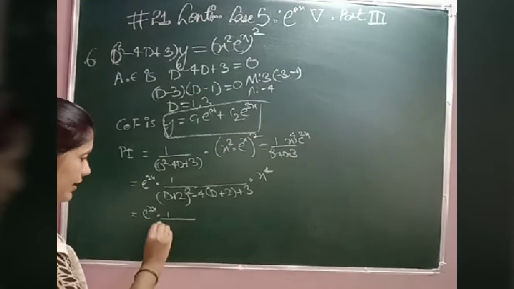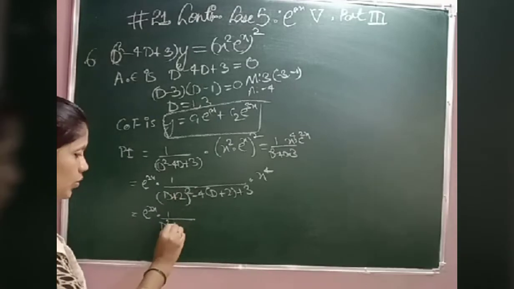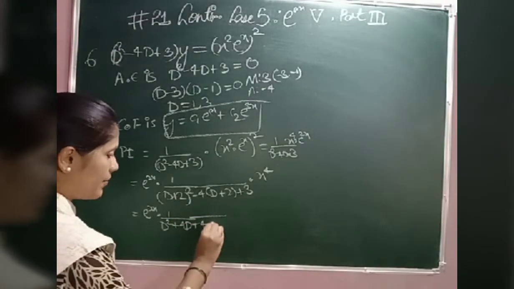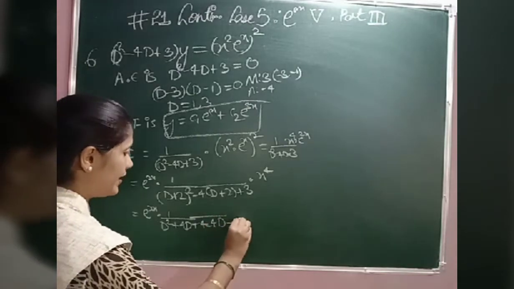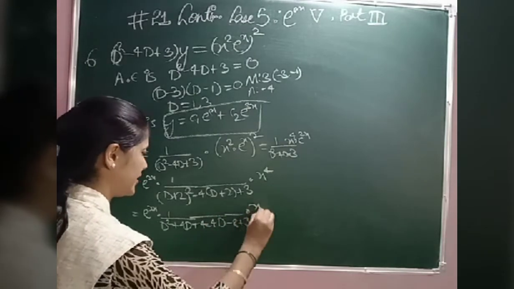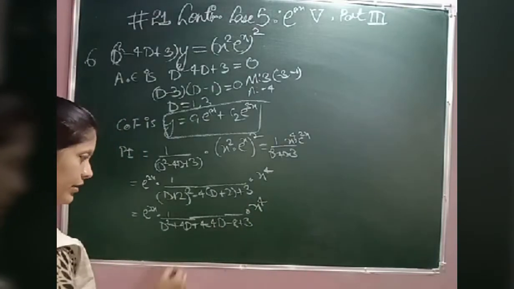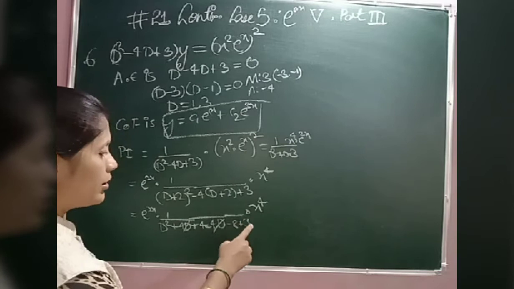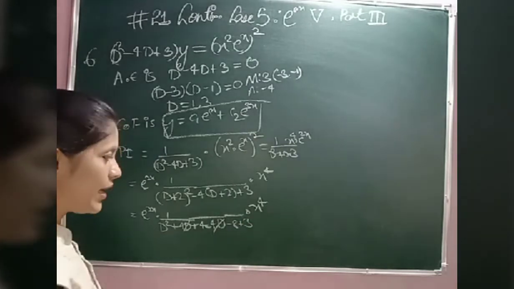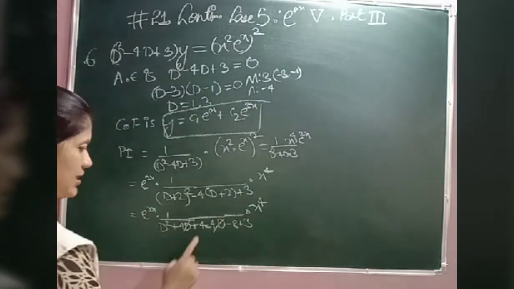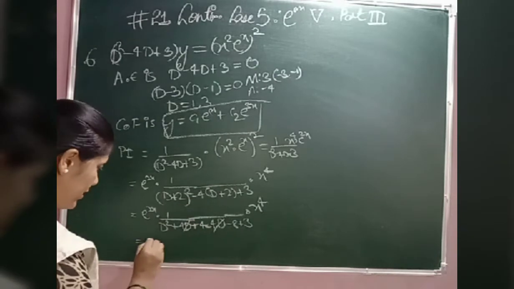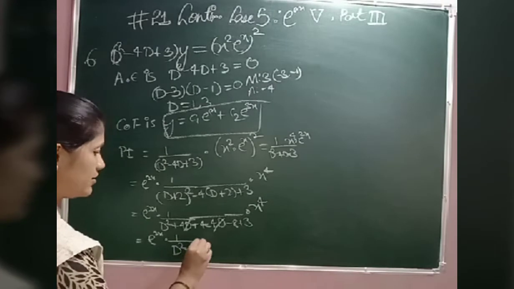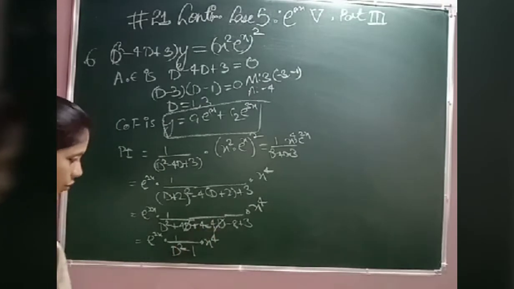Expansion of this: D square plus 4D plus 4 minus 4D minus 8 plus 3 of x raised to 4. Plus 4D minus 4D cancel. 4 plus 3 is 7, 7 minus 8 is minus 1. So e raised to 2x, 1 by D square minus 1 of x raised to 4.